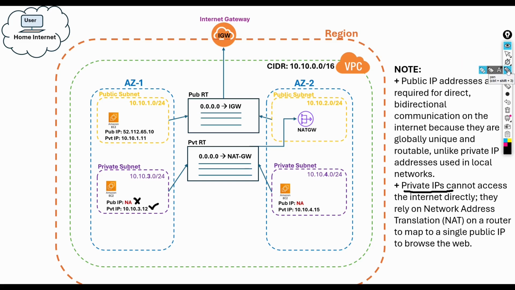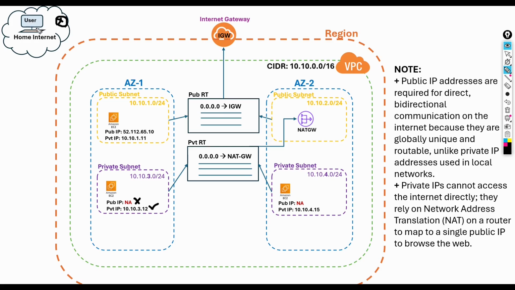The best example is home internet. In our home internet, the service provider provides us one router. We can say this is our home machine and we have the home internet. We will have one router here, and this router will act as a NAT, network address translation.